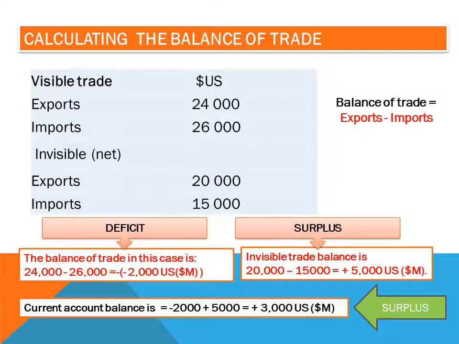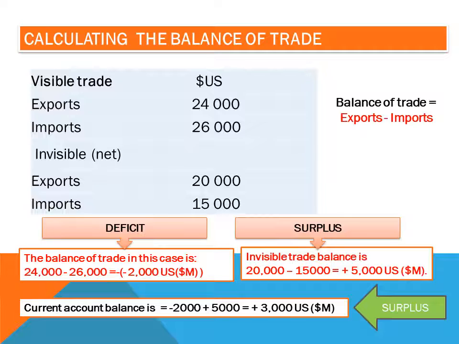So these two figures now are put together to get your total current account balance. Negative 2,000, which is the balance of trade for visible, plus the 5,000 would give you positive 3,000. Of course, 5,000 is greater than 2,000, so mathematically you will end up with $3,000, which is a surplus.